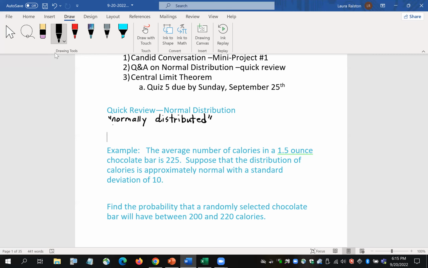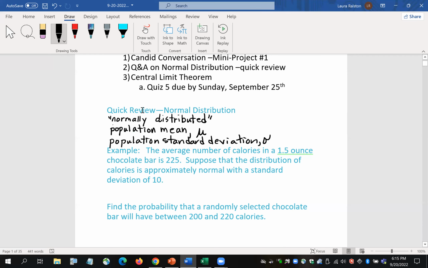You should also be told in the scenario the population mean, which is represented by the Greek letter mu, and you should be told the population standard deviation, which is represented by the Greek letter sigma.